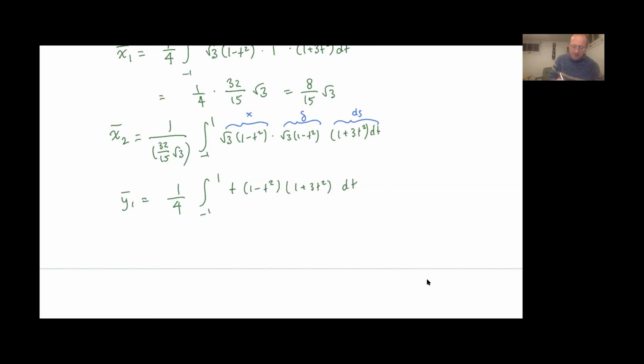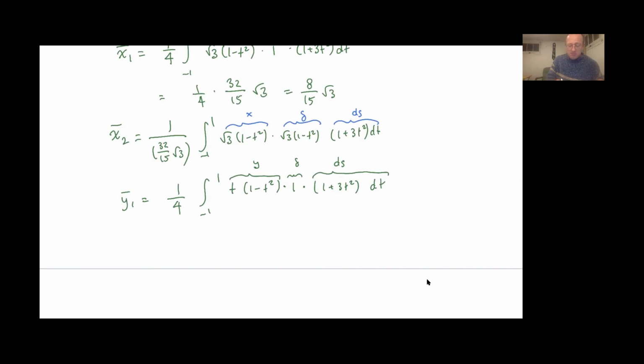And well, just to be clear, I'll throw in a times 1 here. So t times 1 minus t squared is y. 1 is the density, and this extra part is the ds. So we want to integrate that.